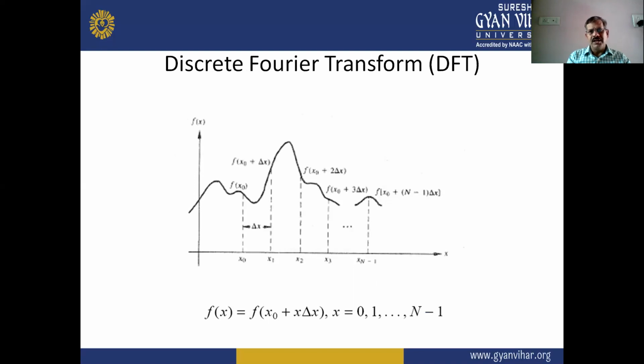Next one is the DFT, the discrete Fourier transform. In the discrete case, f(x) equals f(x naught plus x delta x), where x equals 0, 1, 2, up to n minus 1. This graphical representation shows the discrete Fourier transform.